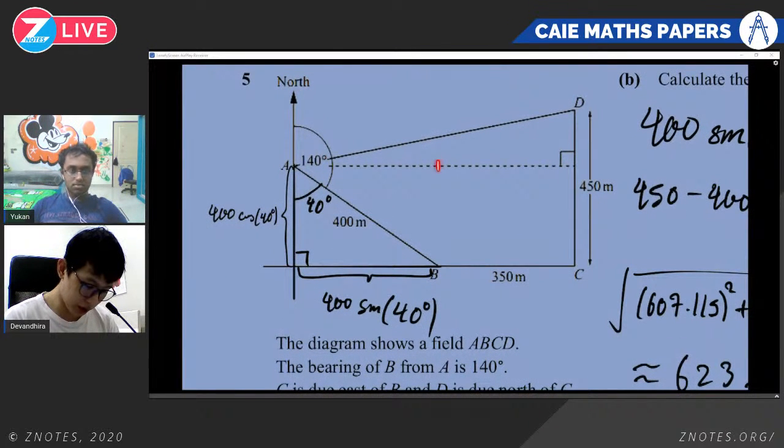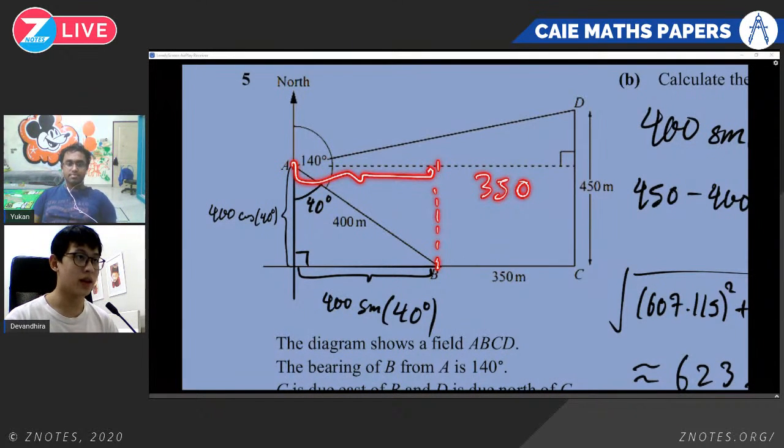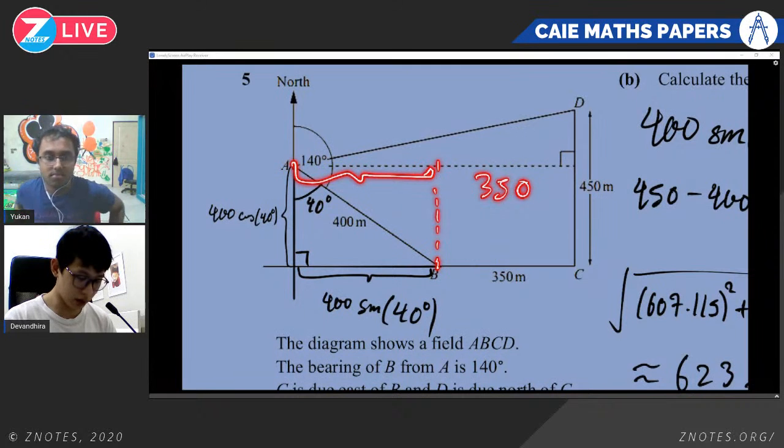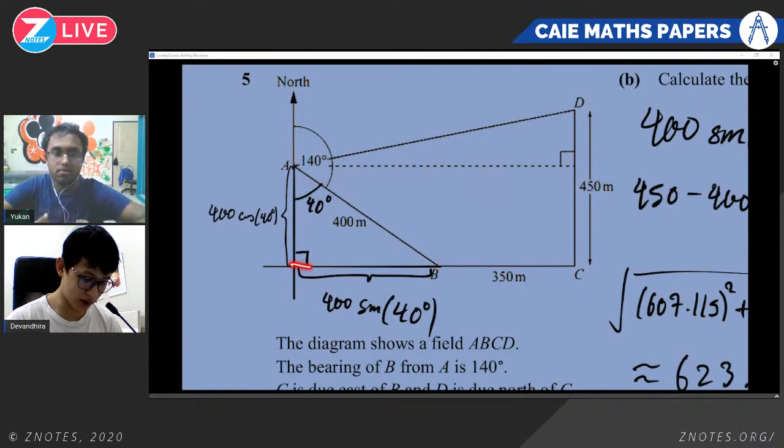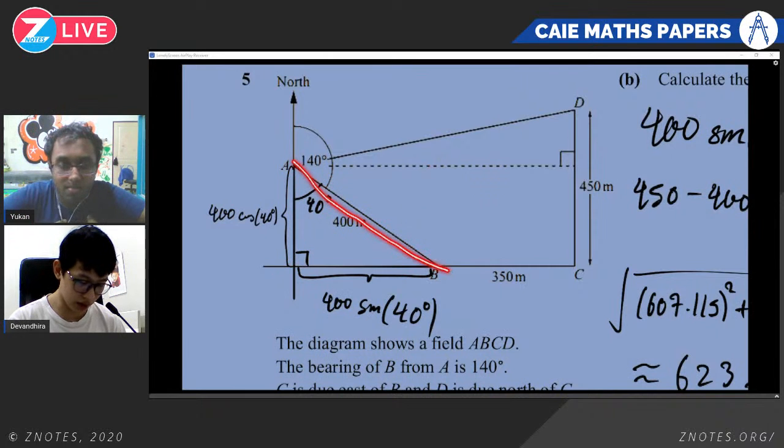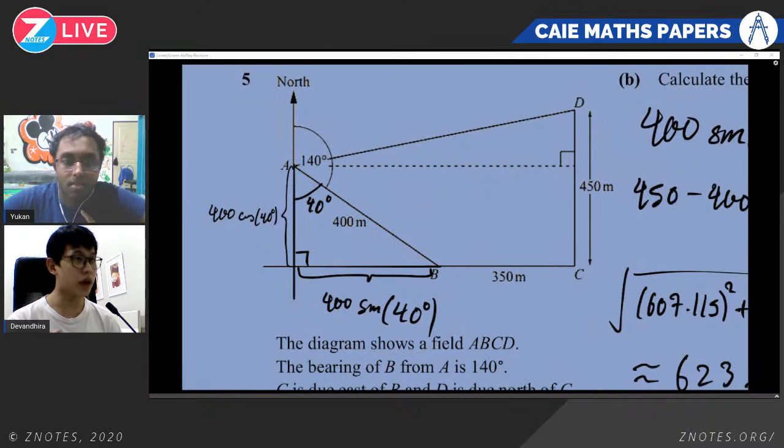We know that this part from here is 350, correct? We just have to know what this part is, right? And how do we get this part? Of course, we can get it from here. So you see that this is the hypotenuse, and this is the opposite side. So we can use sine, correct?